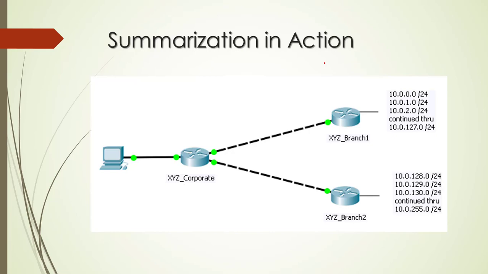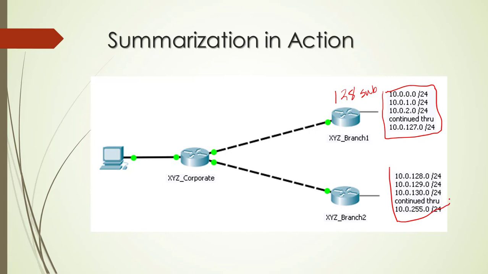Let's say we have this simple network design here where we have our corporate network router attached to 2 branch office network routers. On branch 1, we've got the addresses 10.0.0.0/24 all the way through the subnet 10.0.127.0/24. That's 128 subnets.